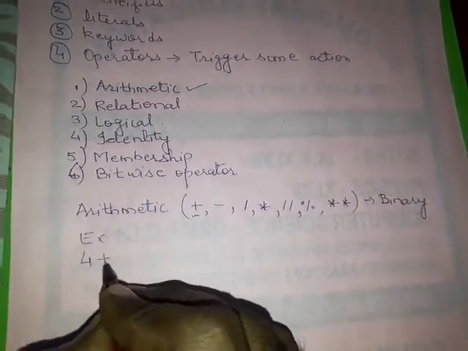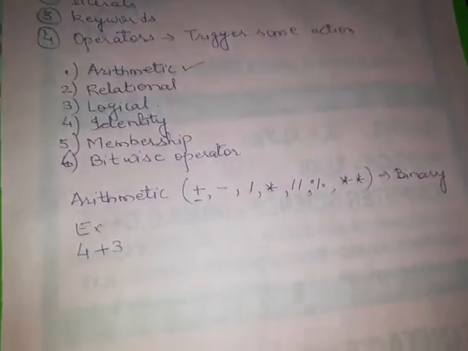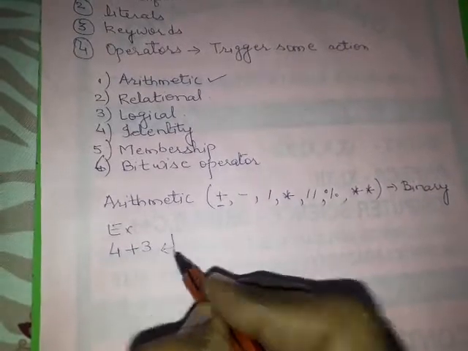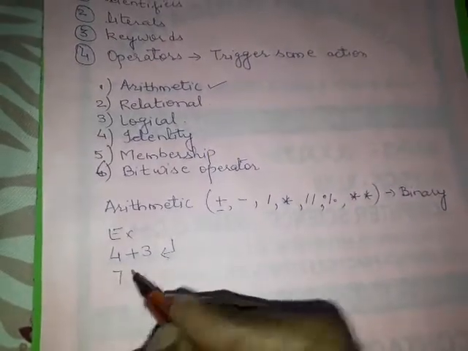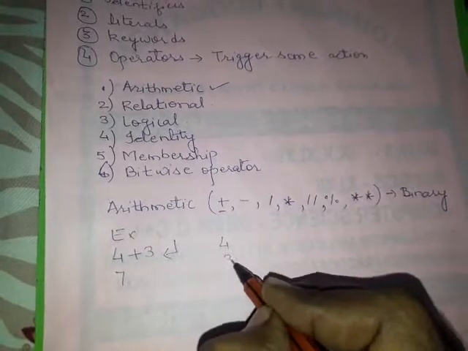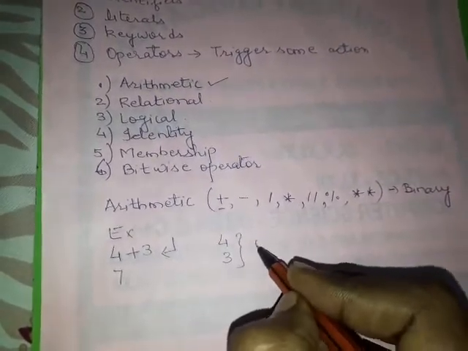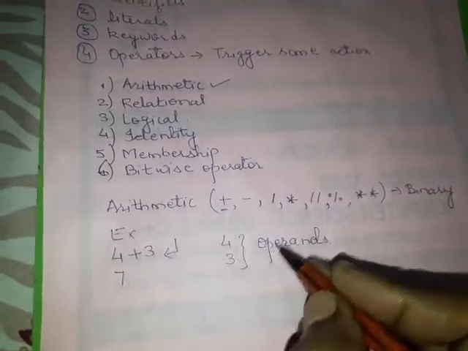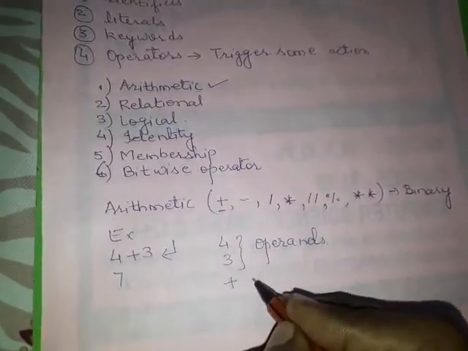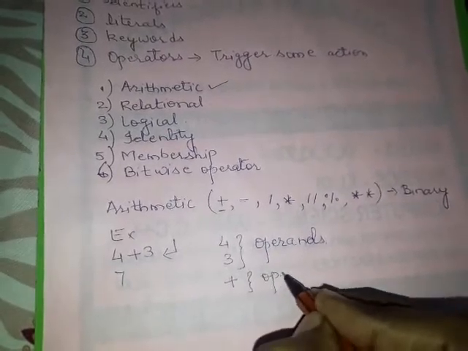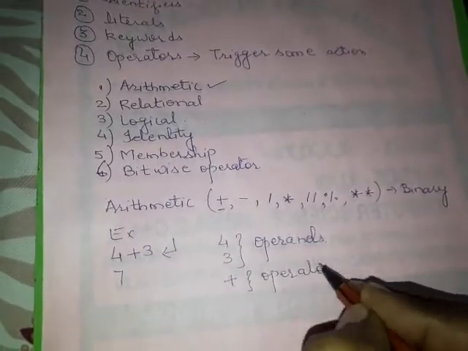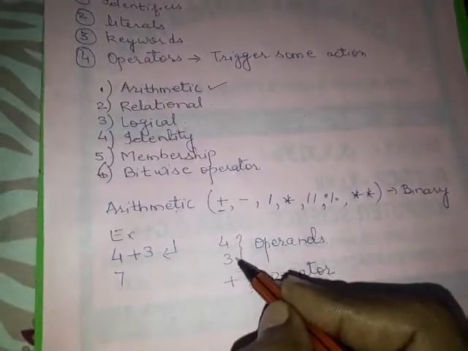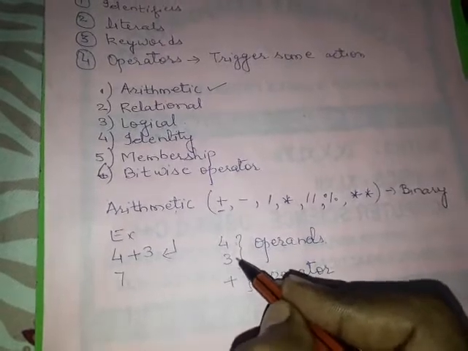We write 4 plus 3 in Python shell. When we press enter, it will give you result 7. So here 4 and 3 are called operands, and plus here, addition, is an operator. Why is it called a binary operator? Because it needs two operands to perform some action.